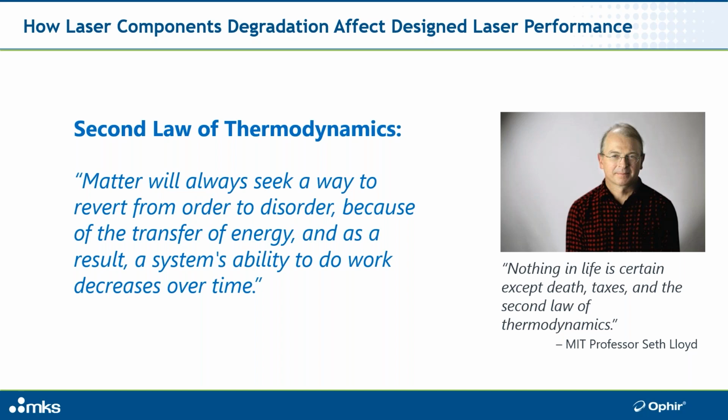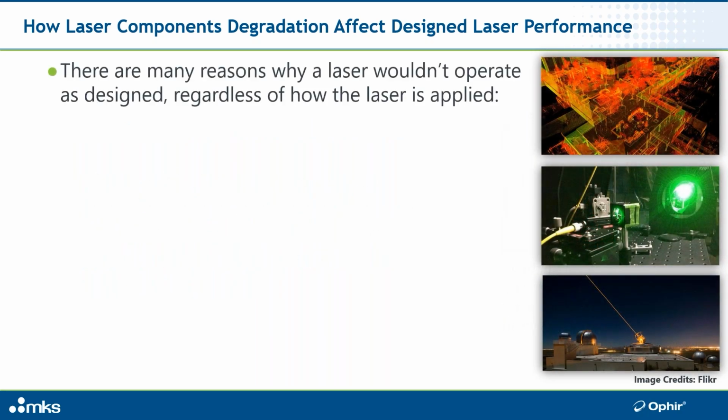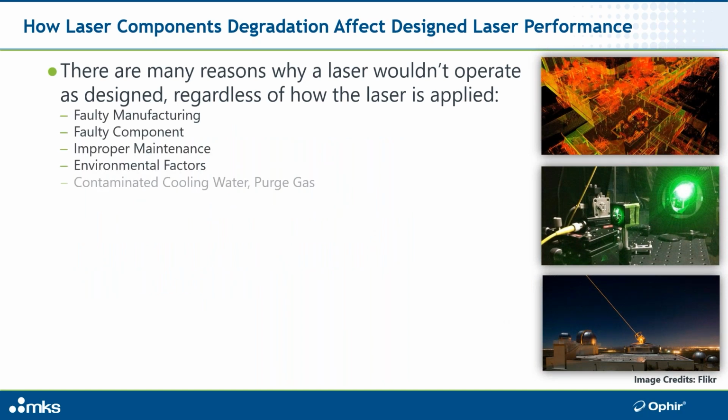Because of the transfer of energy, these laser components are going to naturally seek a way to come back to their natural state and degrade over time, which in turn will decrease the overall system's ability to efficiently process material. So there are a lot of reasons why a laser would not operate as designed, regardless of how the laser is applied.